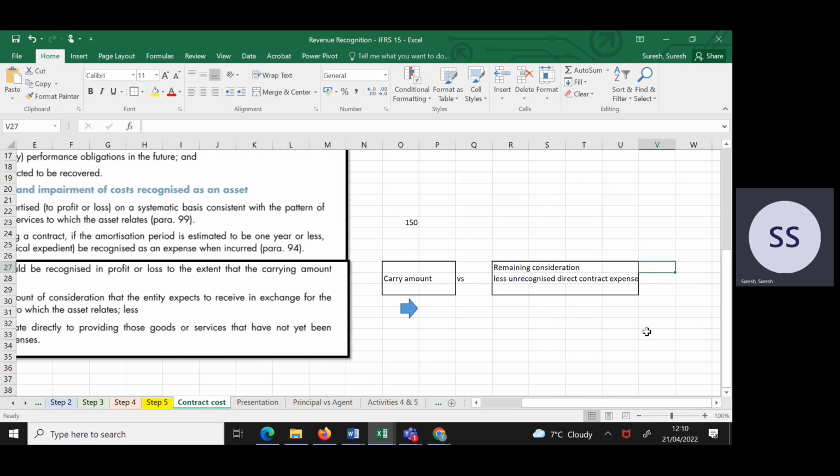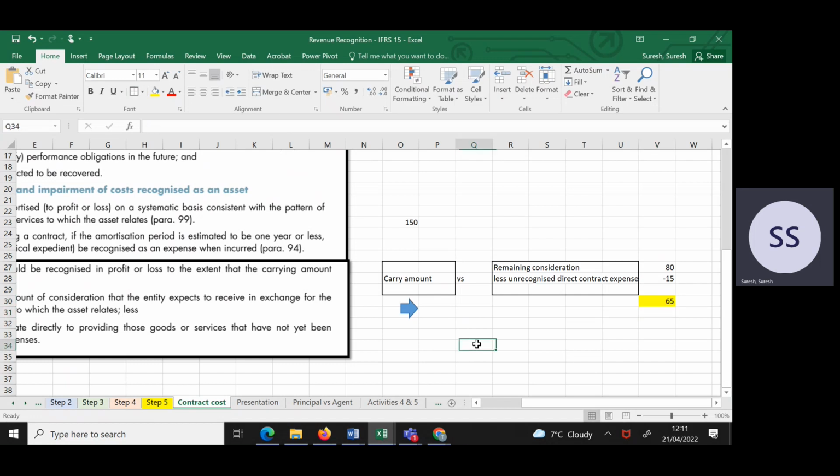For the remaining considerations, say we are only expecting 80, and then less any direct cost that we suffered but still did not recognize as an expense. Say that was 10, right? So the remaining amount would be how much? 70, right? I change this to 15 so that we will get a different number. This is 15, so we will have 65, right?